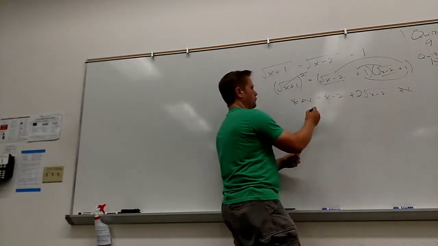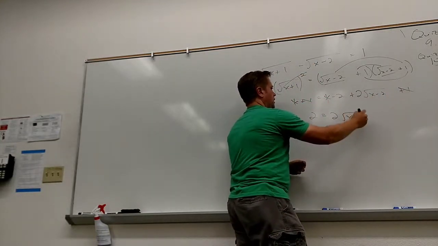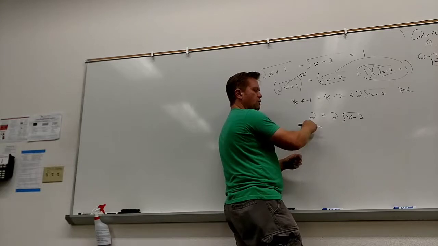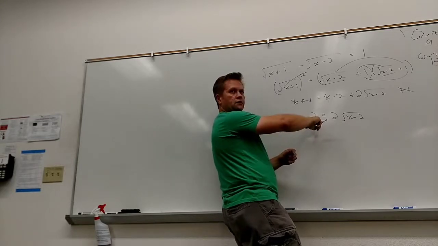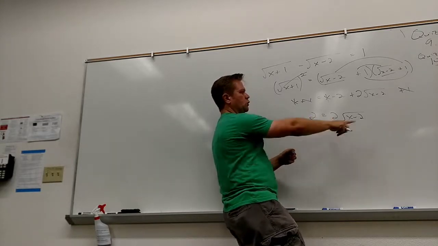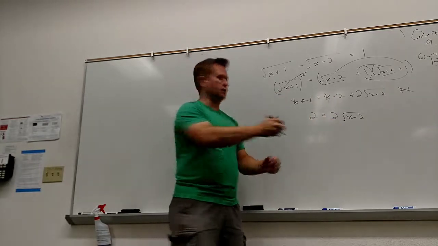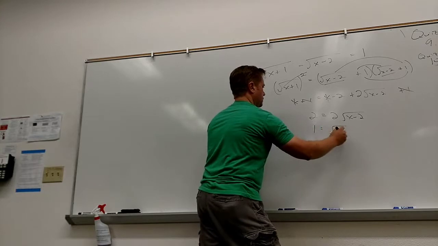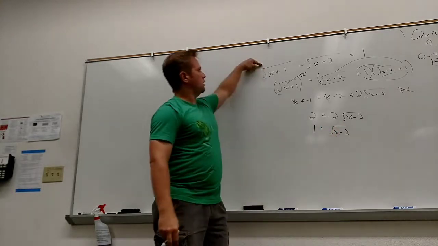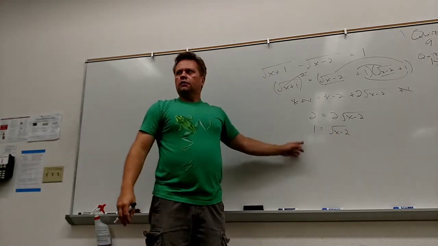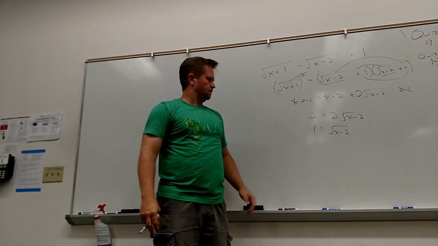I can add 2 over. Now, to be honest, I don't have to make fractions. Can you imagine if that was a 7? I can just square both sides right now. But those obviously divide into each other, so I divide by 2. Can you imagine we started here and now we're here? That's awesome.